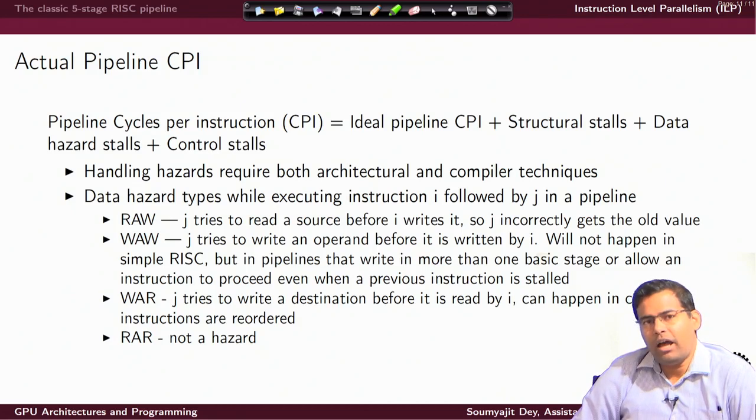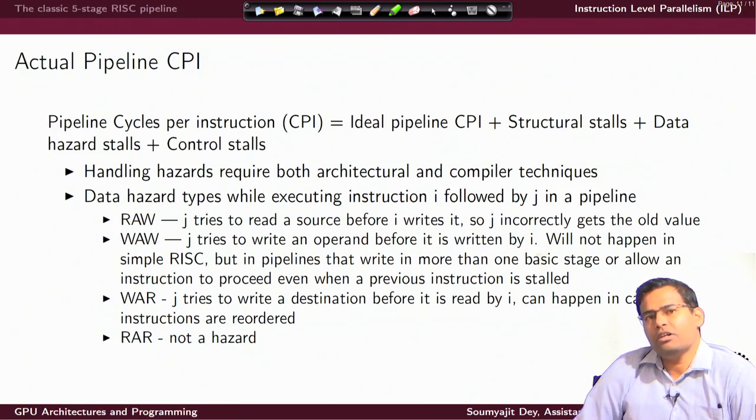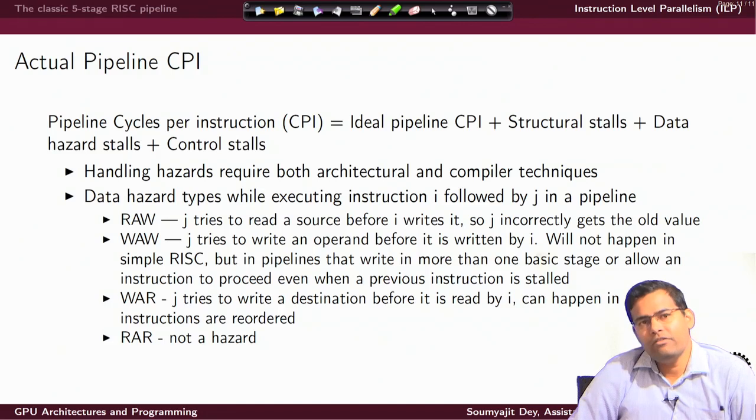That gives me an ideal pipeline scenario. Inside an ideal pipeline, at the end of the pipeline I can see one instruction getting completed every clock cycle. So, that gives an ideal pipeline CPI for a single pipeline of 1. That means one instruction gets completed in every clock cycle.